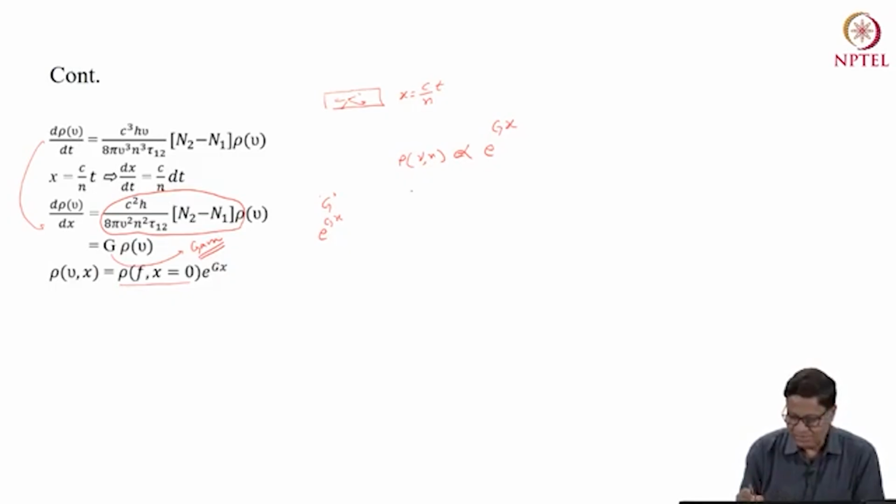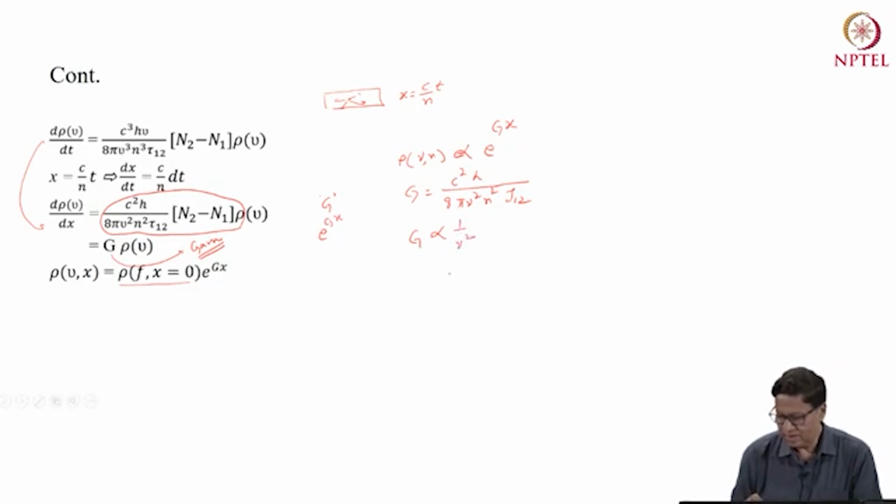And if you see this g function, g is c square h over 8 pi nu square n square tau 12. That means the gain is inversely proportional to nu square, inversely proportional to n square, the refractive index, and also inversely proportional to the average spontaneous lifetime of the photon.